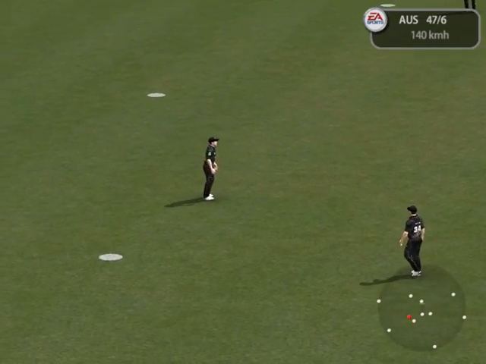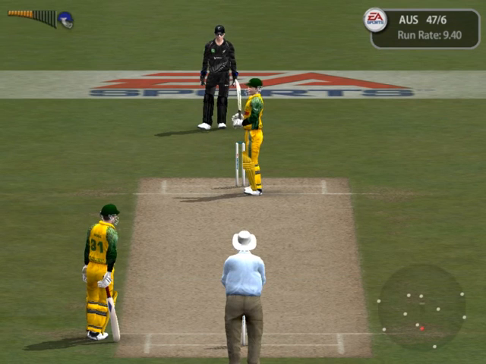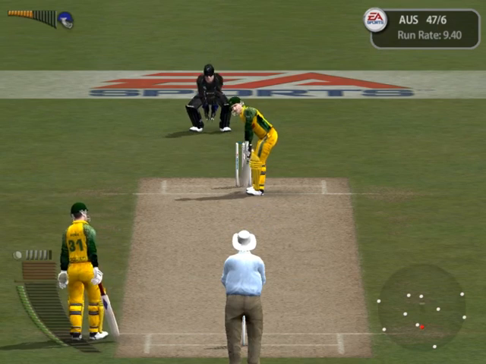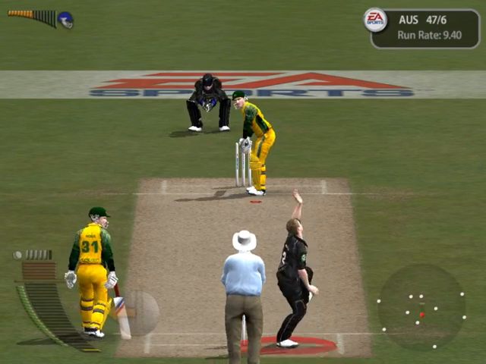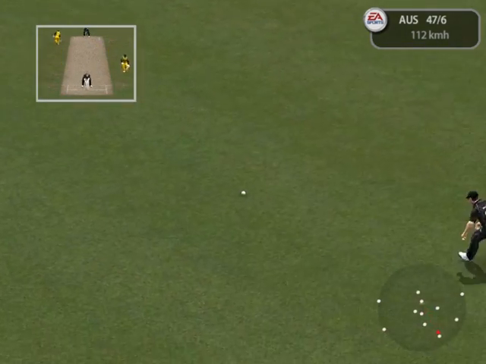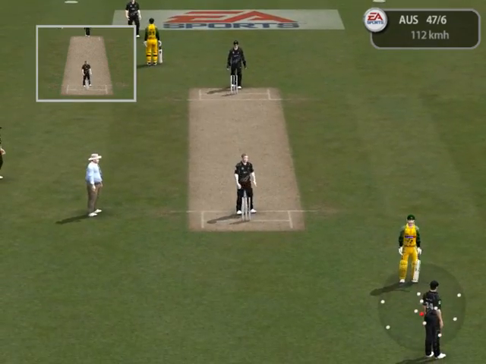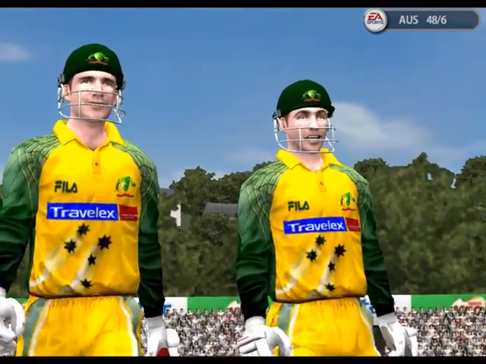It's straight at Fleming. Martin waiting at the striker's end. That's found the gap in the field. Fielded by the man at long on. A single to Martin. 4 runs came from that over by Butler.